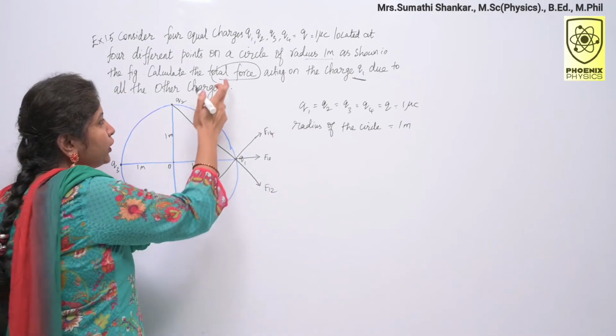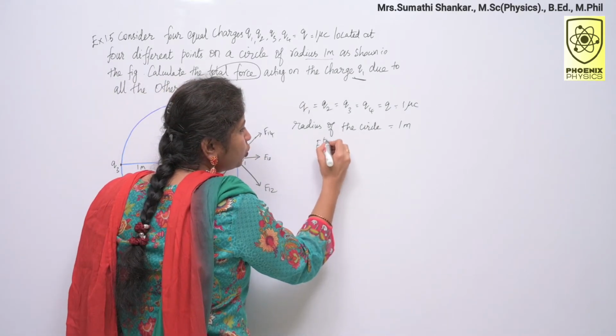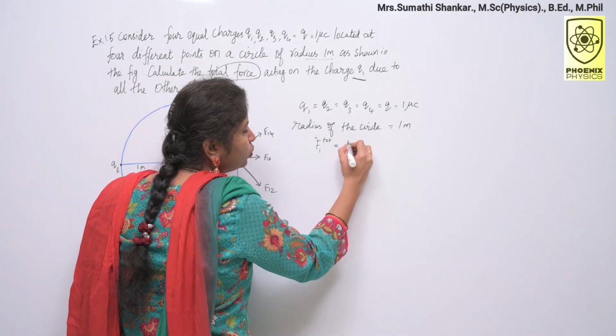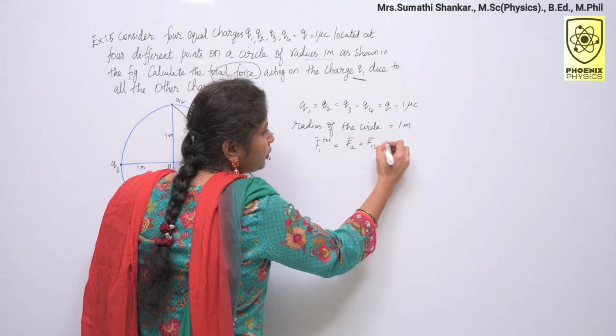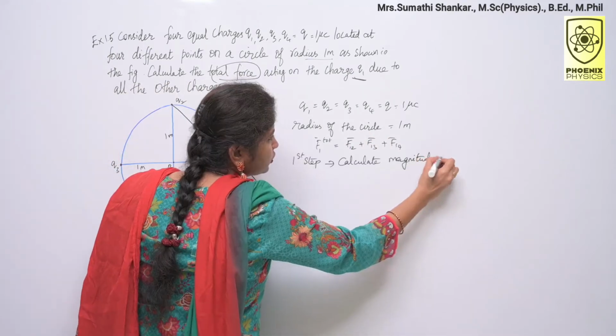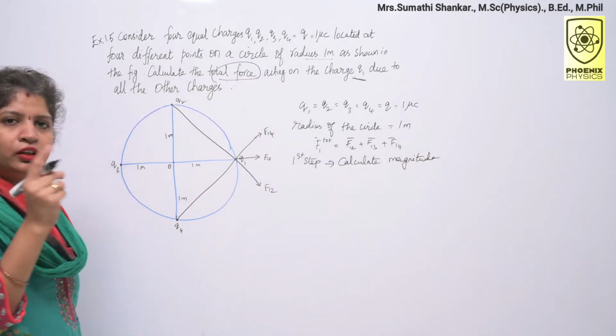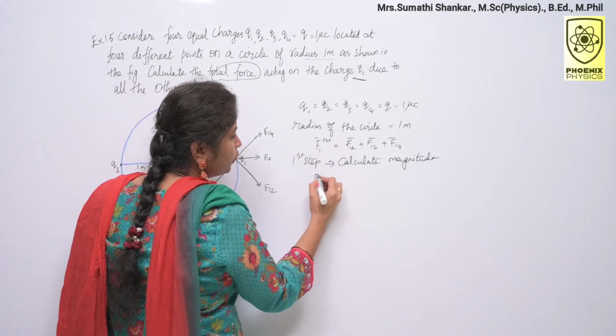Now we are going to calculate the total force. What is the formula? F1 total is equal to F12 plus F13 plus F14 because we have only 4 charges. First step, we are going to calculate the magnitude of the force. First force is F12.